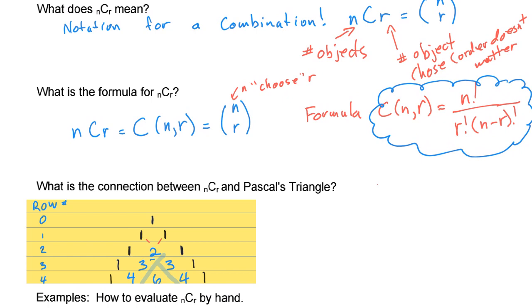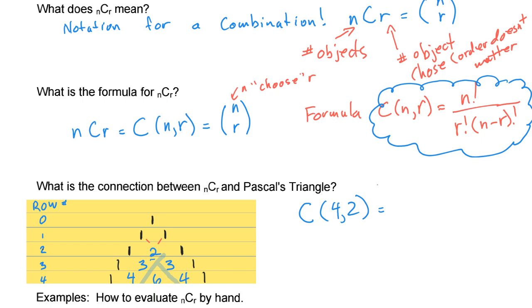And what this means is, if I choose a certain number for NCR, for the R value, we get one of the numbers in our table here. So imagine you have the combination, you say, okay, C of 4, 2. On your calculator, you would use something like this.